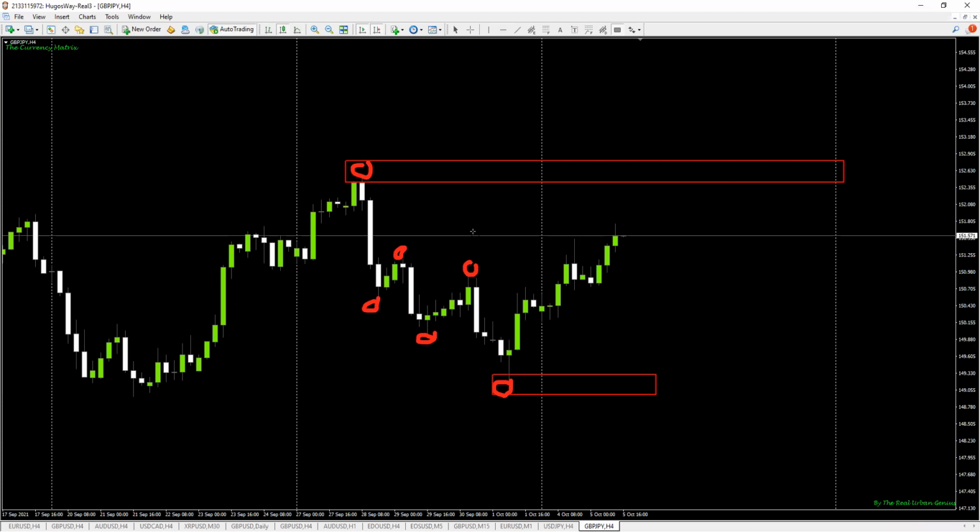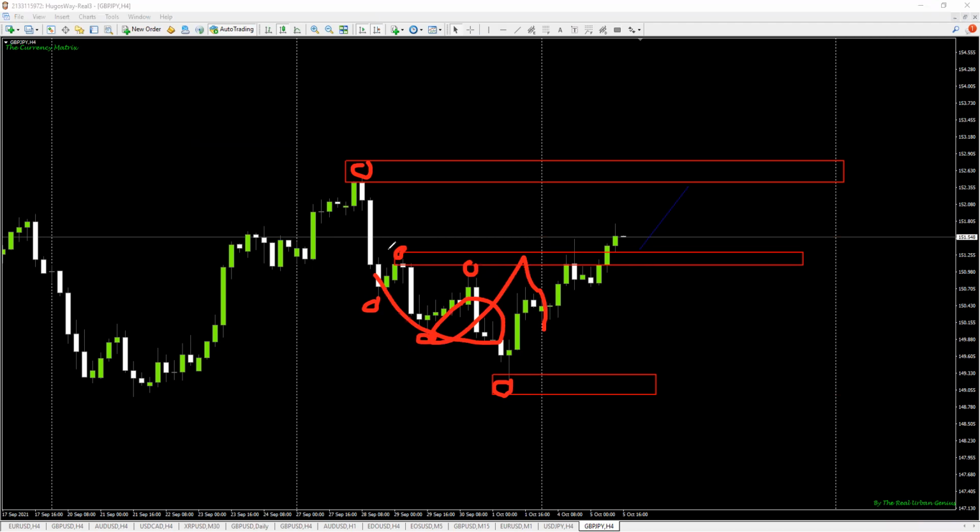So this would be a resistance, but as you see, price broke this one. So now let's just say all other data is irrelevant. We've broken that support level, so we don't even have to worry about this move anymore. We know this area is now in support. So now we can just focus on what's going on in this zone.